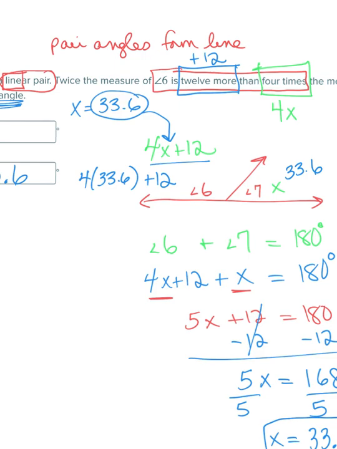Or, because I know both angles add to 180, I could simply do 180 minus 33.6. Either option will give you the same answer, which is 146.4.